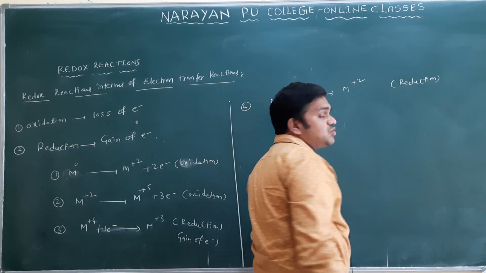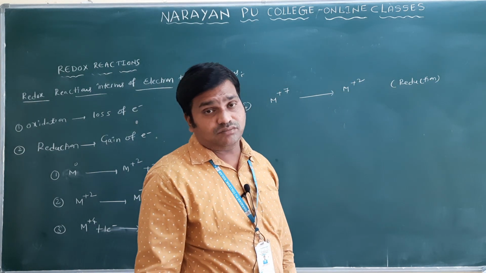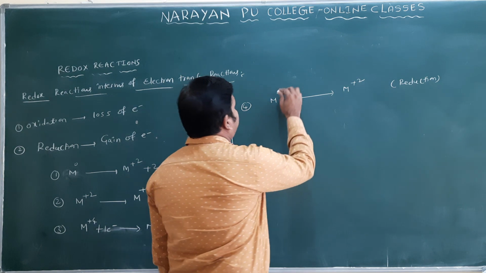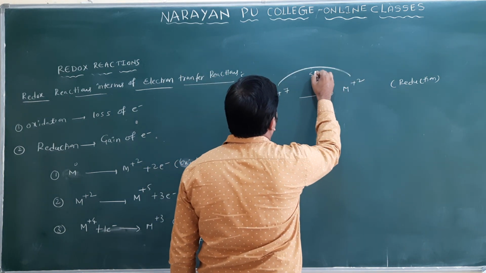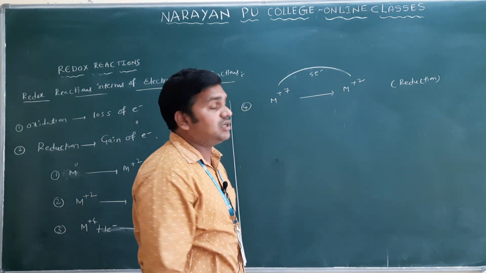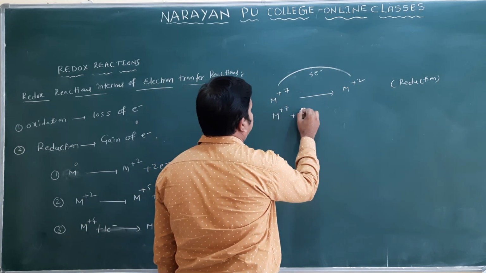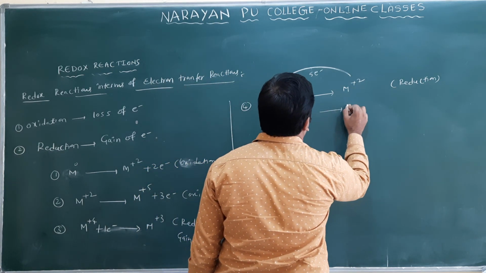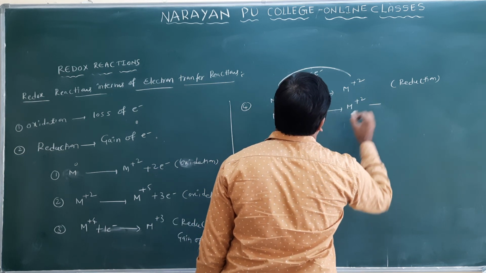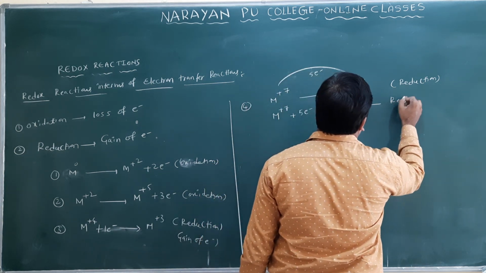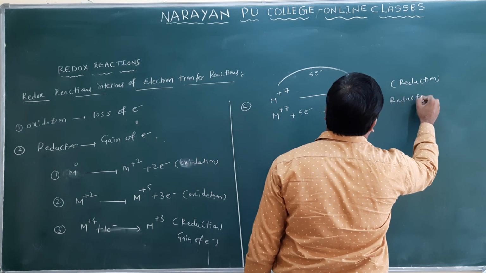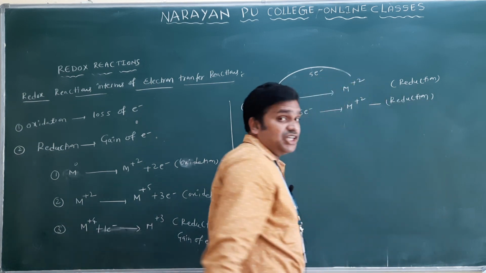In terms of electrons, how can you write this? What is the difference in the number of electrons? 5 electrons only. So I will write: M+7 gains 5 electrons and is converted into M+2. This we call reduction only.